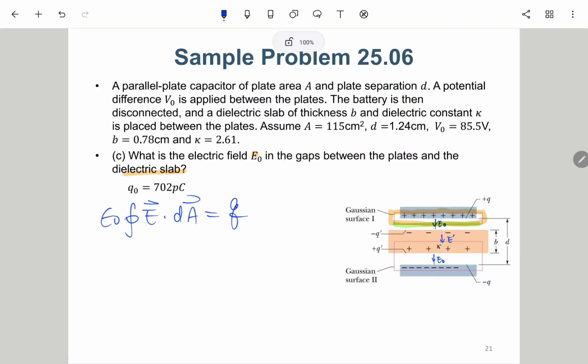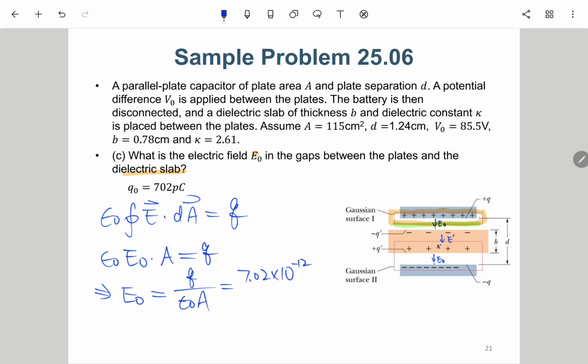Here we have E0 pointing downward. So we have E0 times A, with epsilon naught in the front, equals Q. So E0 is actually Q0 over epsilon naught A. Q here is 7.02 times 10 to negative 10, which is this one.